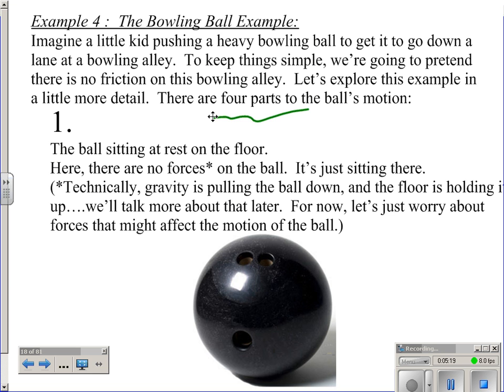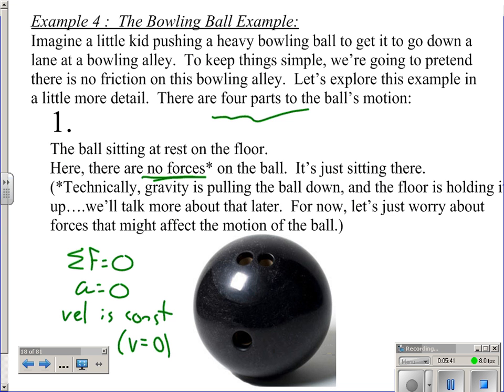All right. So the first part would be the ball sitting at rest on the floor, right? The kid puts the ball at rest on the floor, and he's getting ready to push it, but he hasn't pushed it yet. So at this point, there's no forces on the ball. It's just sitting there. And as a result, the net force on the ball is 0. It's not going to accelerate, and the velocity is going to remain constant. In this case, the velocity is 0 because it's not moving and it's staying at rest, right?